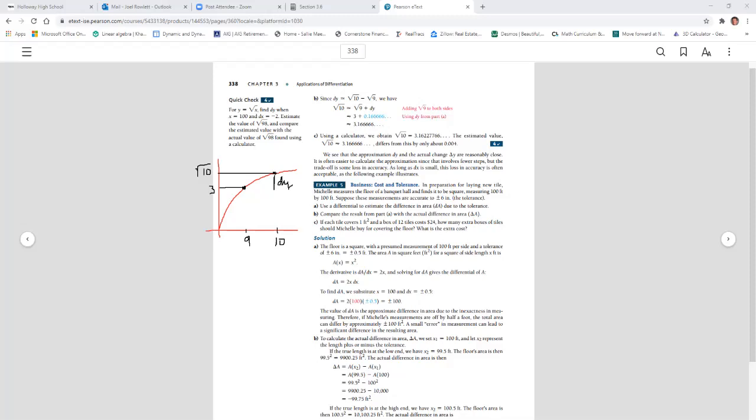And if dy is approximately equal to the square root of 10 minus the square root of 9, or 3, if I add 3 to both sides, then I know that dy plus 3 is approximately equal to the square root of 10.